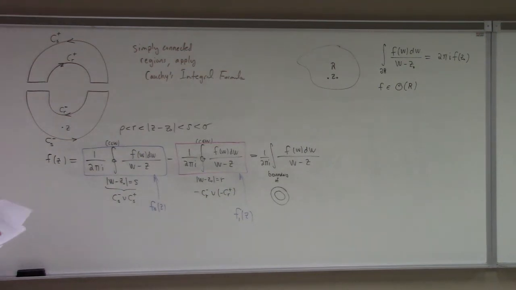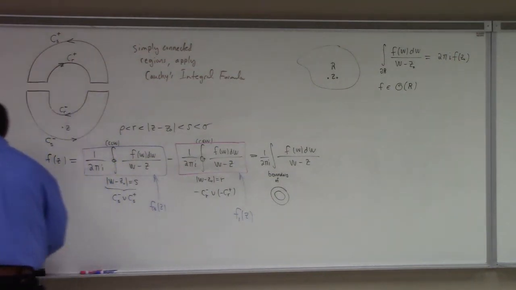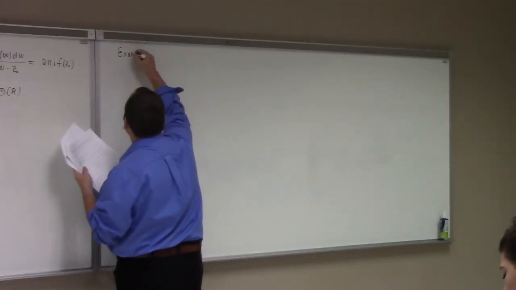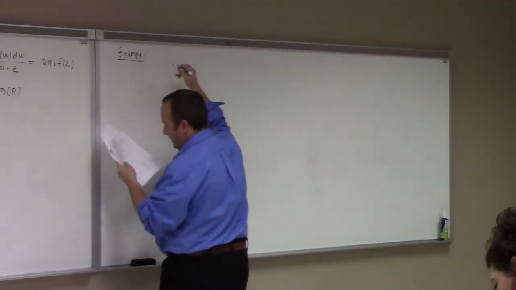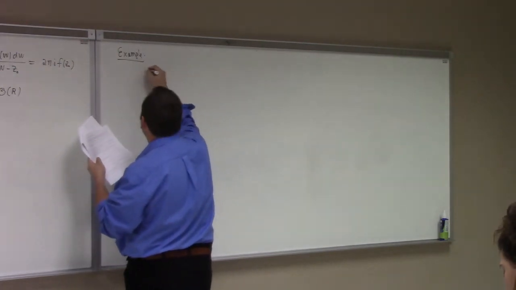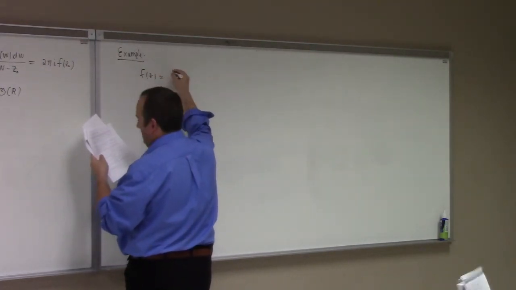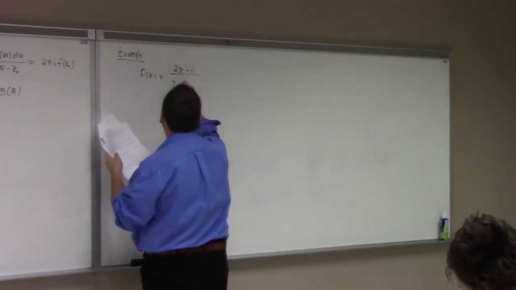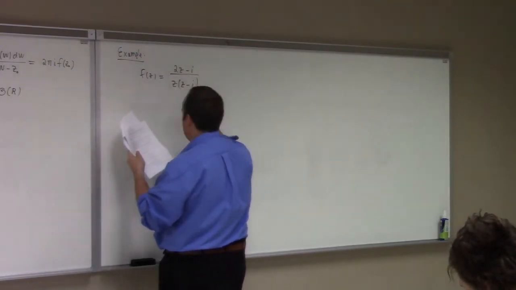I'm going to go on since I'm not adding any value to the course here at the moment. So, an example. Here I have f of z equal to (2z minus i) over z times (z minus i).